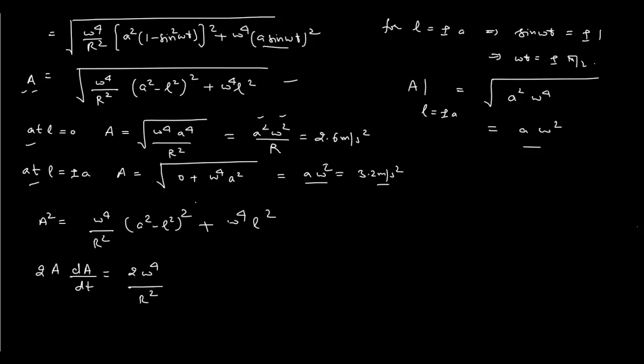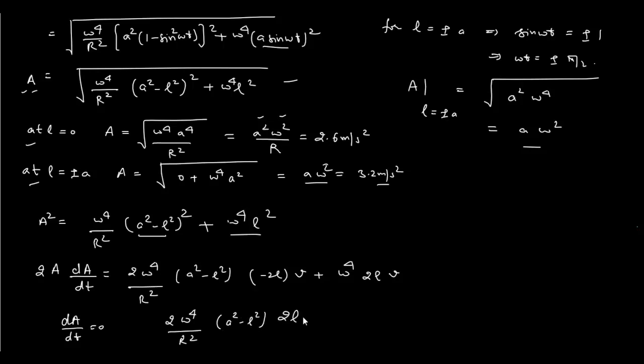This 2 comes from here, A square minus L square, and differentiating this, because L is a variable of time, from here we get minus 2L, and differentiating L, dL by dt gives you V, plus differentiating this part omega 4 2L dL by dt, so I am writing it as V. And in order to calculate the minimum value of A, we will put dA by dt as 0, and by doing this we get 2 omega 4 R square A square minus L square 2LV is equal to omega 4 2LV. Clear?